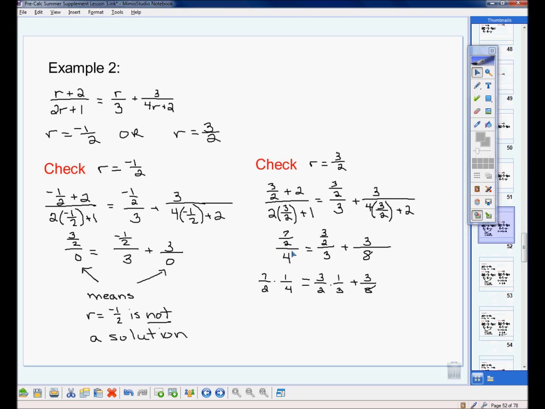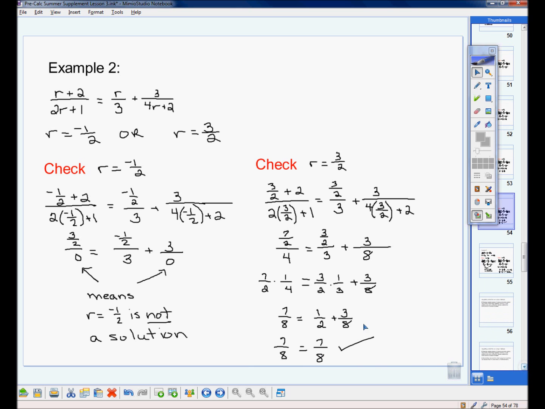Remember, this one is a complex fraction, so it's times 1/4. This one's times 1/3. A little more simplifying. Does 7/8 equal 1/2 plus 3/8? It sure does. 7/8 equals 7/8. So since they equal each other, that means that r equals 3/2 is a solution. It's our only solution. And this one is finished.